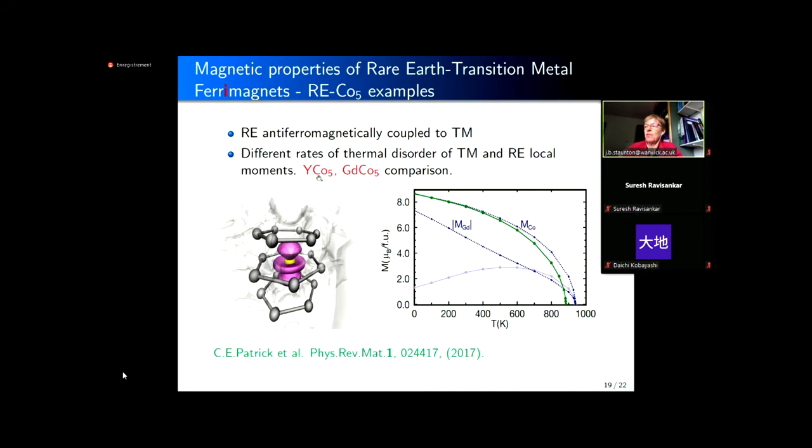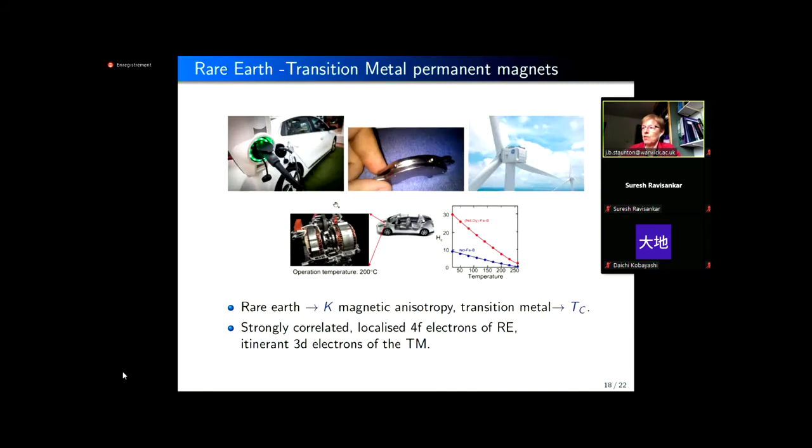Then the next stage up, we'd look at a lanthanide cobalt-5 magnet, but now it's gadolinium. Gadolinium is a very nice lanthanide to look at, first off, if one's trying to tackle the strongly correlated localized f electron physics. Because it has a half-filled f band, that means its angular momentum L is 0, that means its crystal field effects are very small.